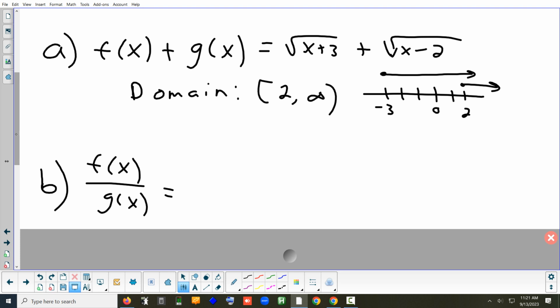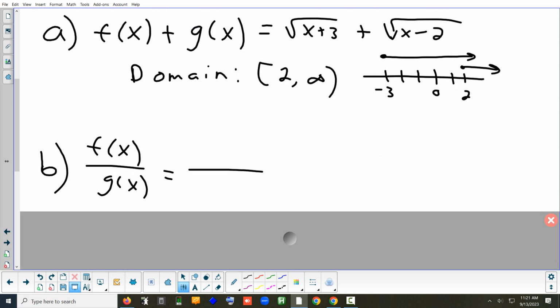So you put square root of x plus 3 on top, and then square root of x minus 2 on the bottom. I'm not worried about fixing the square root. We'll just leave it like that.